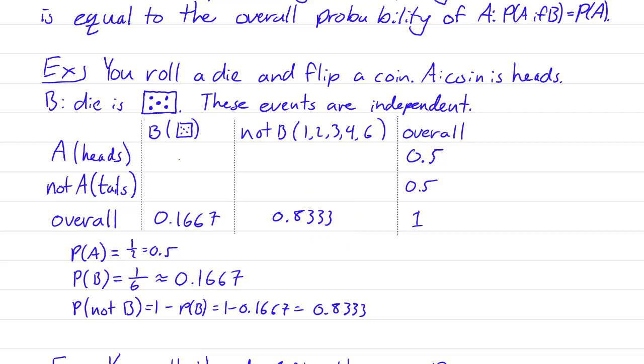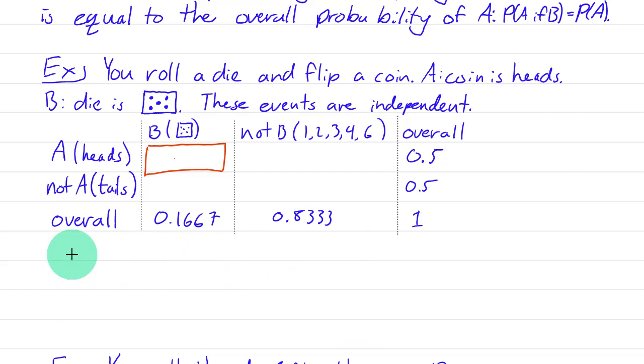Now, how do we get the probability of A and B? This is what I want to sort of focus on here. The probability of A and B, well, let's think. I know, like, out of the times that you get a 5 on the die, half of that time you should be getting a heads here. So let's remember some rules here.